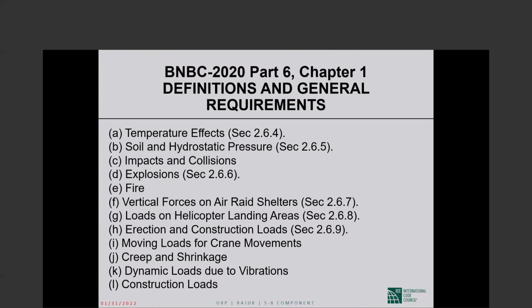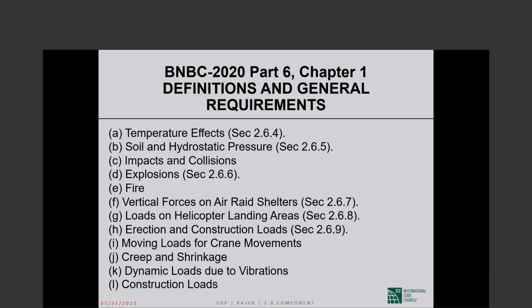Not a whole lot is said here, but the main thing that is done in chapter 1 is you are referred to the chapter 2 section where the code talks about these particular loads. So temperature effects discussed in 2.6.4, soil and hydrostatic pressure, impacts and collisions, there aren't really any provisions.